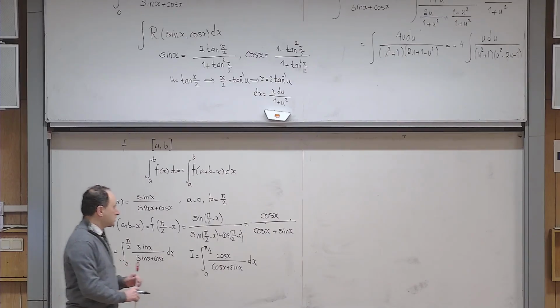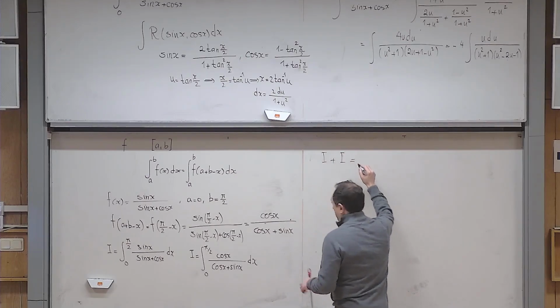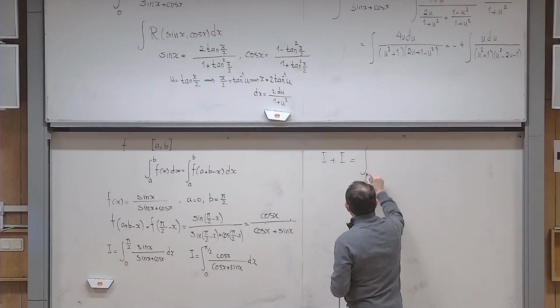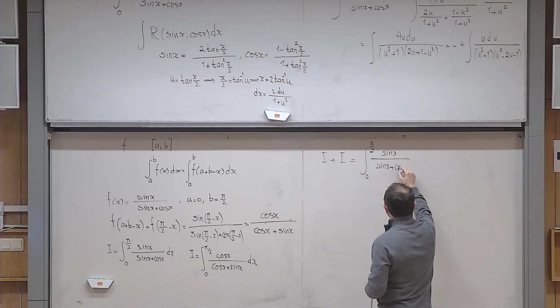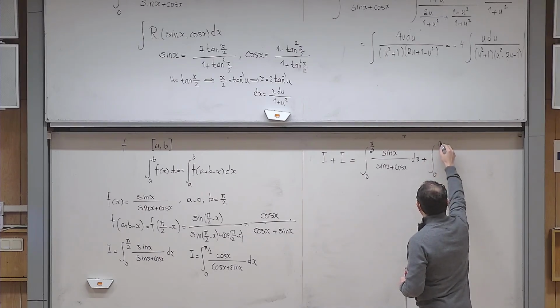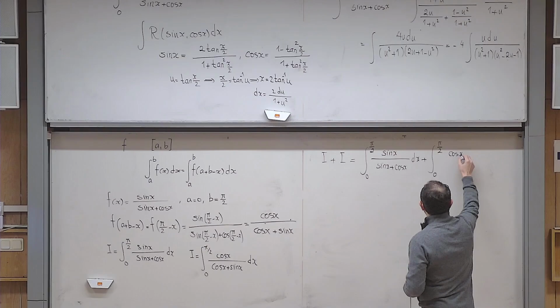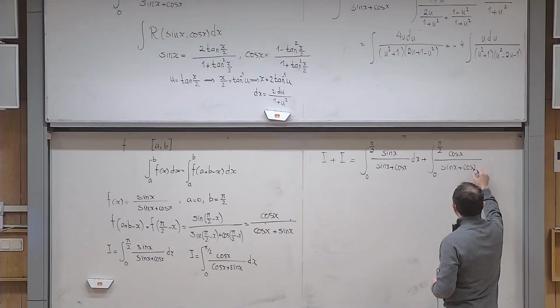The benefit is that now I can add them side by side. So the left-hand side becomes I plus I. The right-hand side becomes the integral from 0 to pi over 2 of sine x over sine x plus cosine x dx, and then plus the integral from 0 to pi over 2 of cosine x over sine x plus cosine x dx.